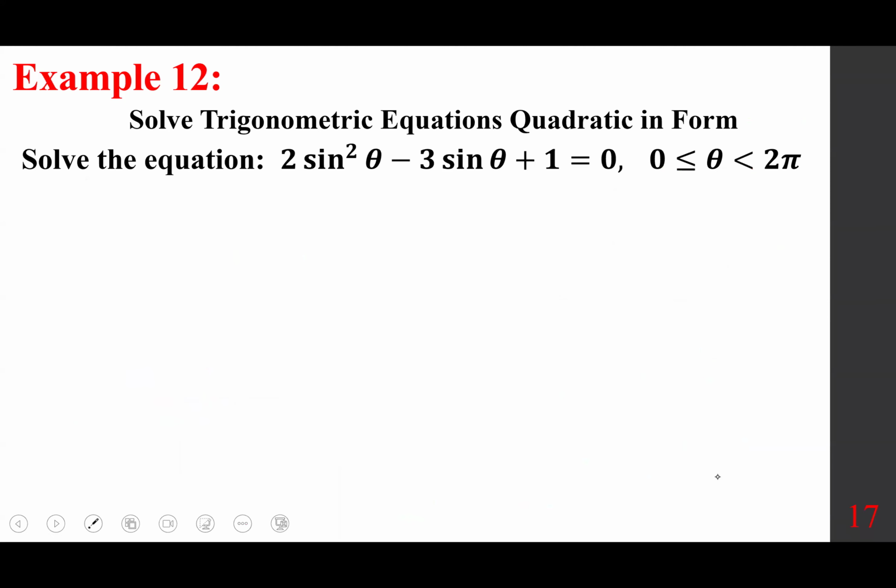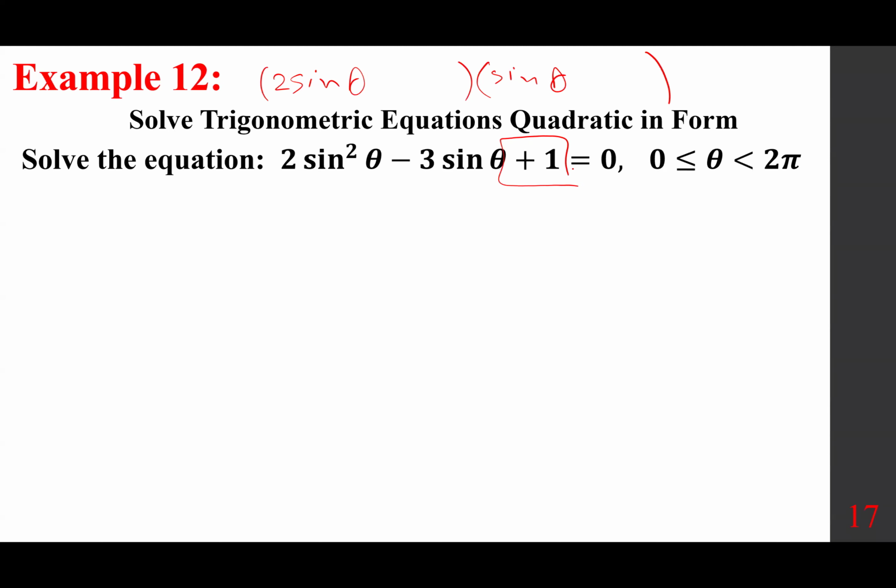We want to solve 2 sine squared theta minus 3 sine theta plus 1, where theta is between 0 and 2 pi. And again, you're dealing with a quadratic in form. And so to factor this is very easy. 2 is a prime number. So you do have, let's put it up here, 2 sine theta, 1 sine theta.